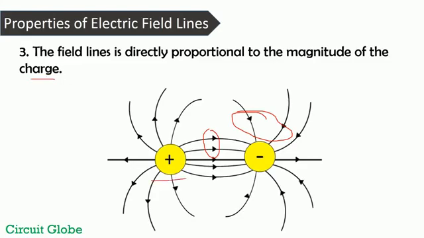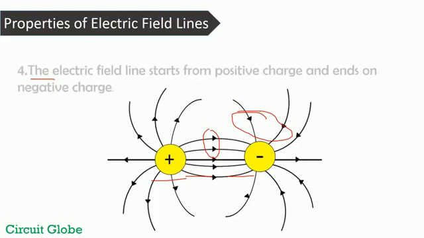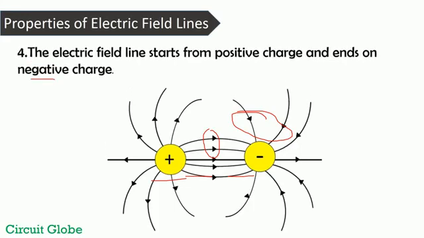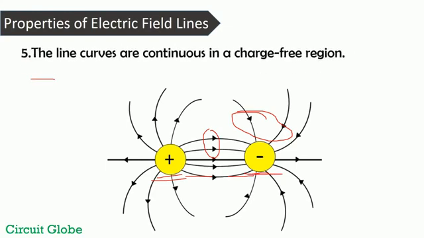If the charges has high magnitude, that means more number of lines are present between these two charges, and for small magnitude of charge, less field lines are present. The fourth property of electric field line is that the field line always start from the positive charge and end on the negative charge. The fifth property is that the lines are continuous in a charge-free region. If there are no charge present near this region, then these lines are continuous.